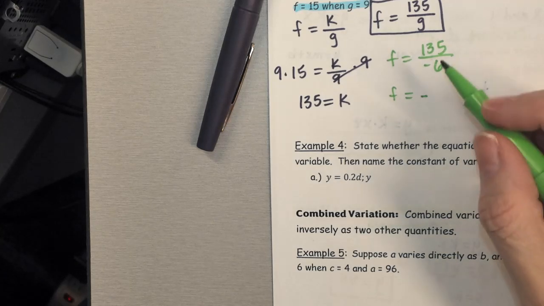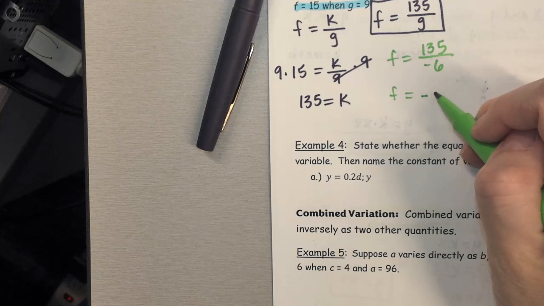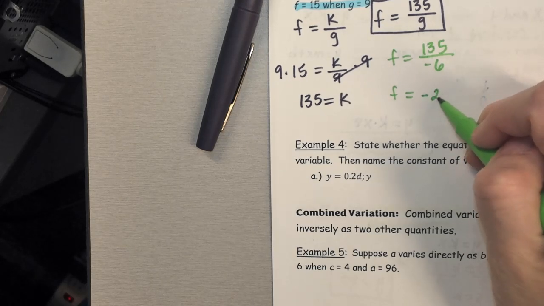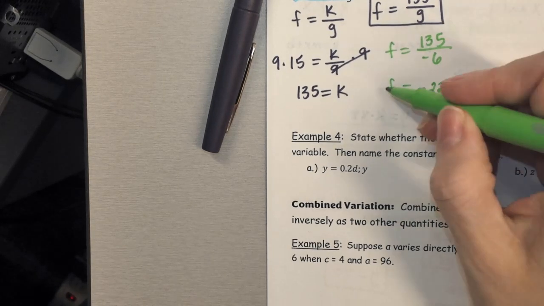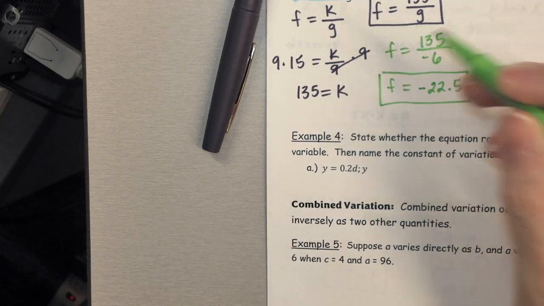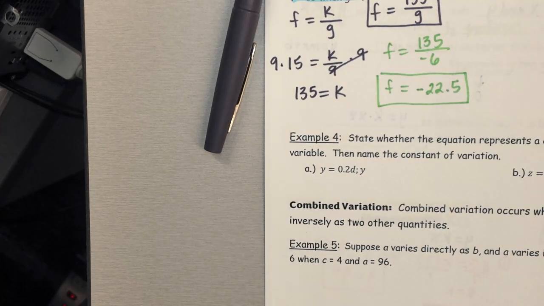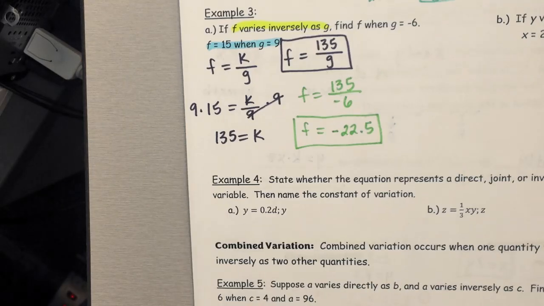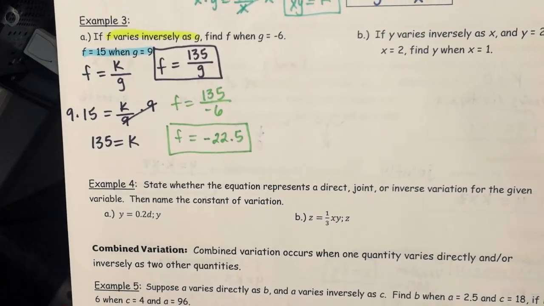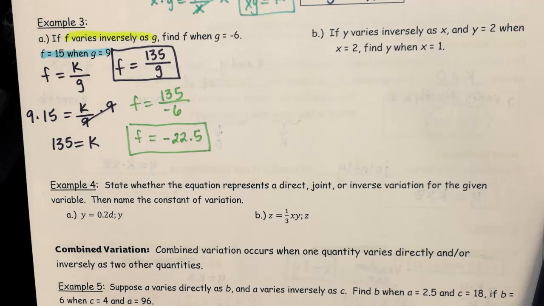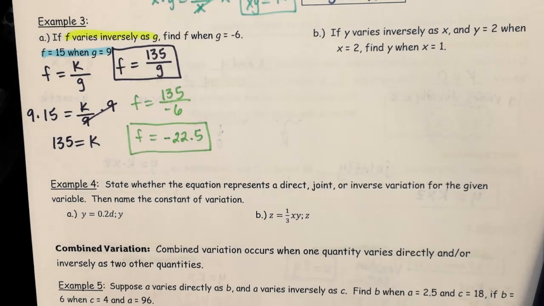All right, what did we get for that one? -22.5. Great. Okay, so I'm going to give you guys a chance to do B.